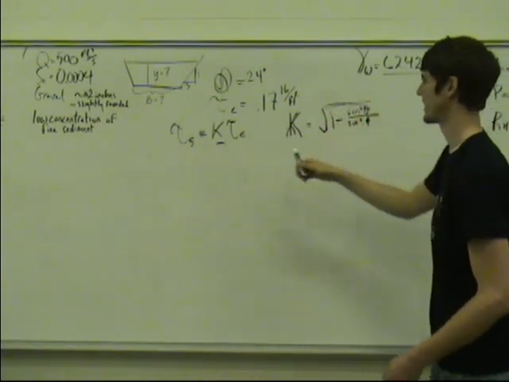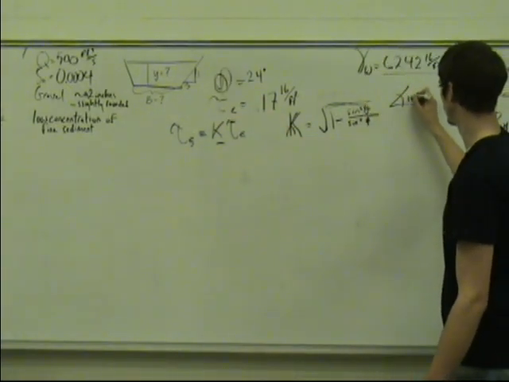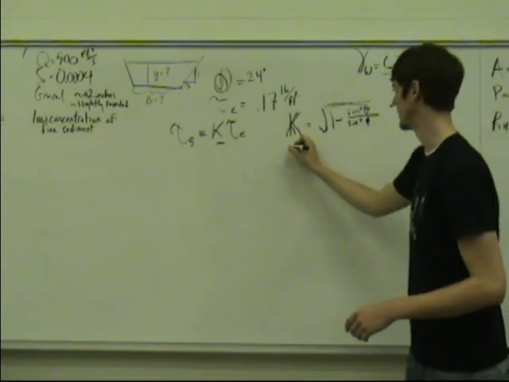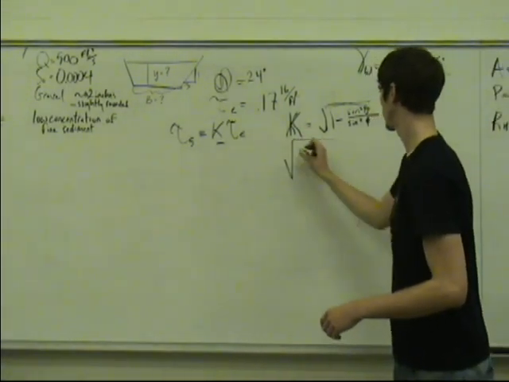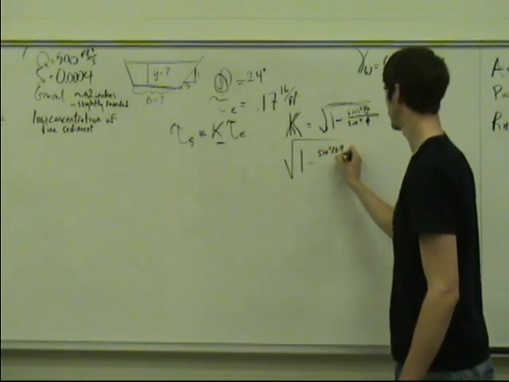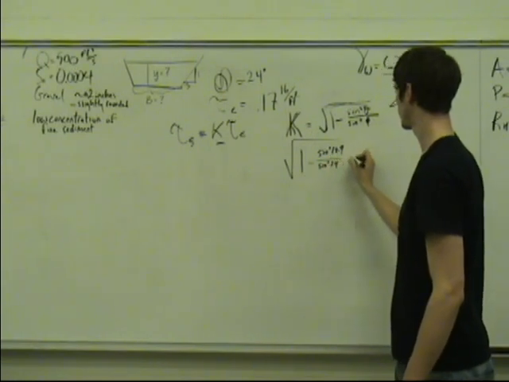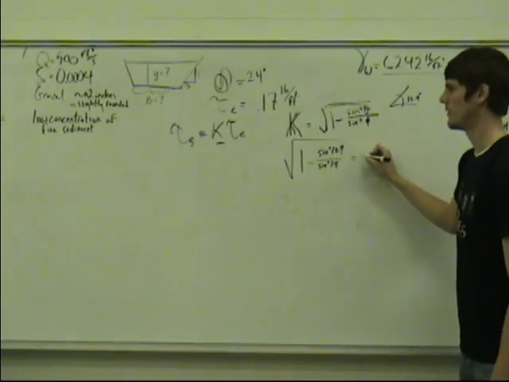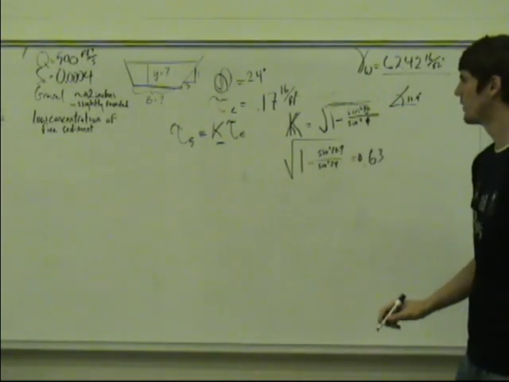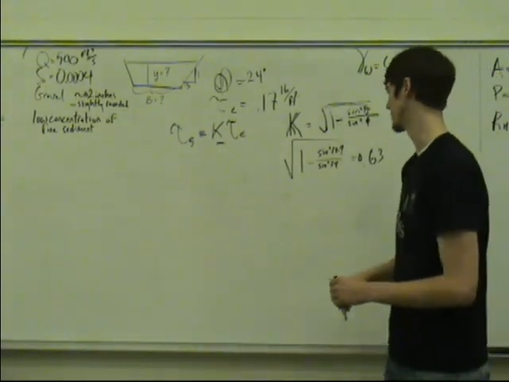Since we know that the side slopes are 3 to 1, that angle is equal to 18.4 degrees. From there, we can plug in and determine that K is equal to 0.63. Now we can plug back in and determine what the critical shear stress on the side slopes is going to be.